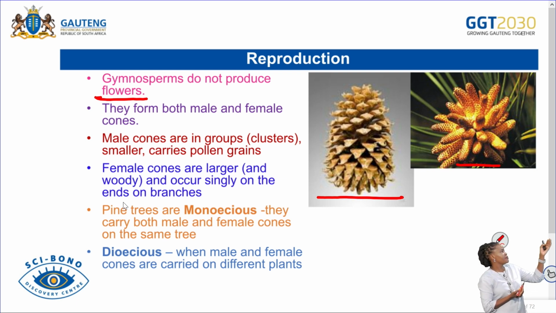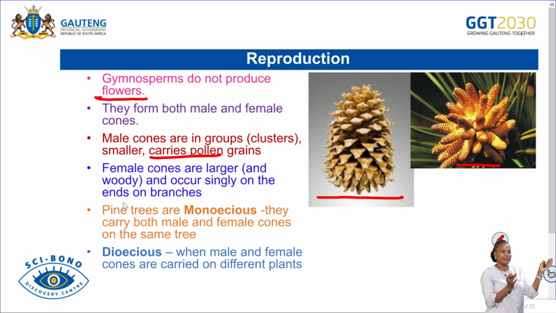Now they form both male cones and female cones in one plant. The male cones are in groups. They are usually clustered and even smaller than what? Smaller than the female cones. And then they are also the carriers of what? Of pollen grains.